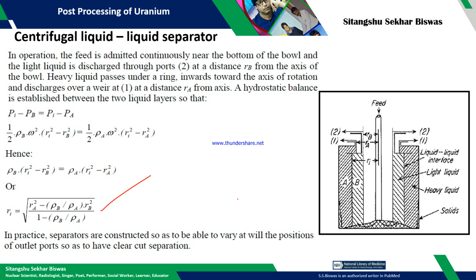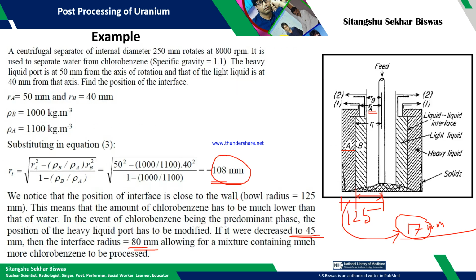And this is the expression to find out the position, or the layer, of separation of the liquids at equilibrium. And this is the one example I have given to explain how to find out the position of the interface of the liquid at equilibrium.